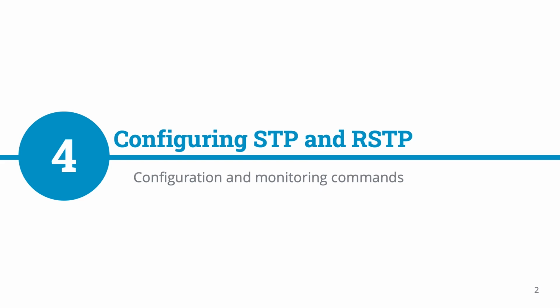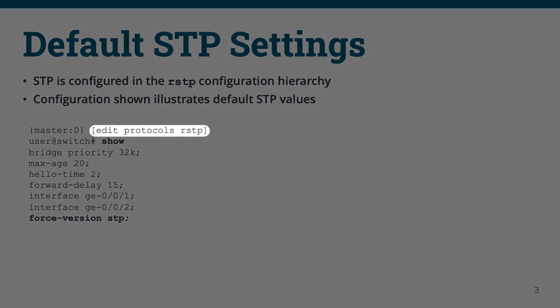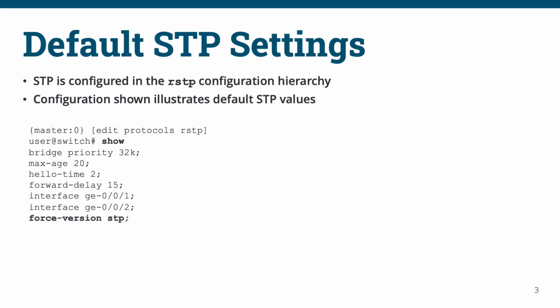So let's get started. The original spanning tree protocol, 802.1D, is configured under the edit protocols RSTP configuration hierarchy. As we saw in a previous lesson, RSTP is backwards compatible with STP.